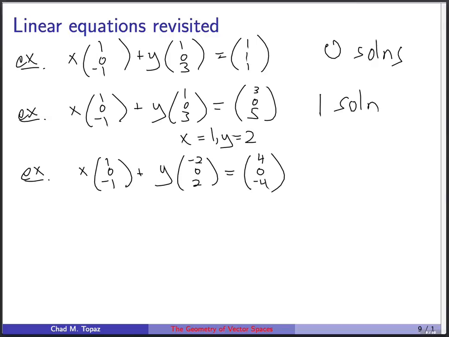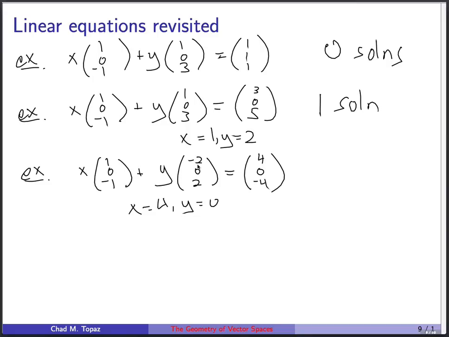All right, here I have x times 1, 0, minus 1, plus y times minus 2, 0, 2, equals 4, 0, minus 4. First question, is the target in the span? And I say, sure, I can find one answer, x equals 4, y equals 0. So there's a solution. So there's at least one solution. Then we look at the vectors we're given and ask if they're linearly dependent or linearly independent. Well, the answer is dependent, because I take the first one, I multiply it by minus 2, and I get this one.